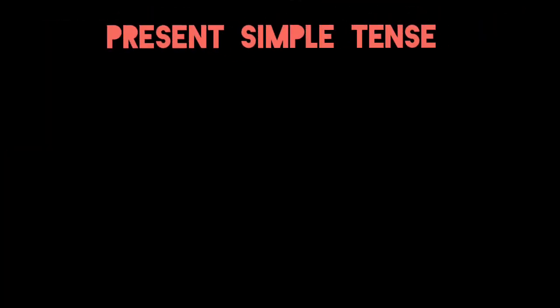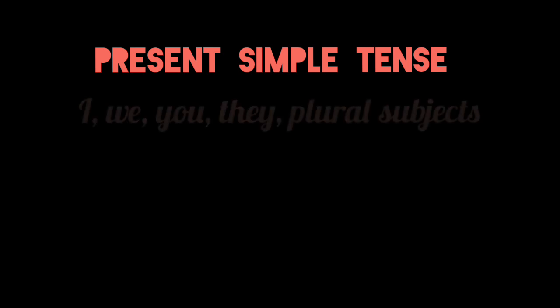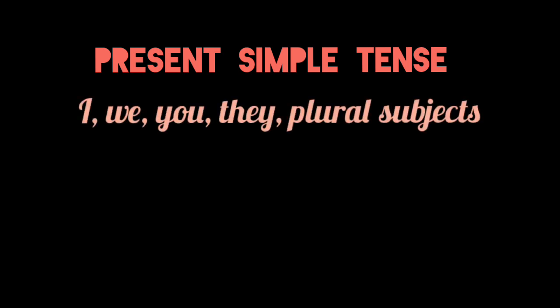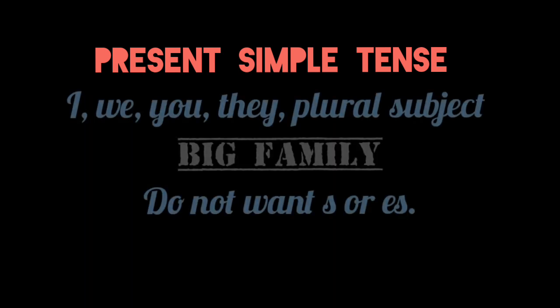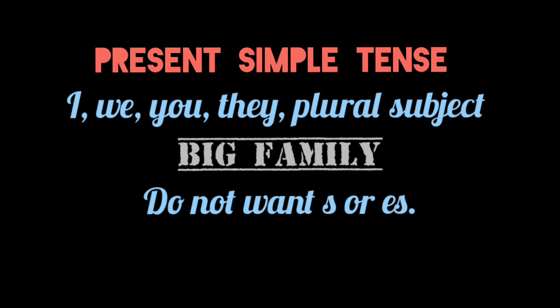Now dear students, I am going to tell you something very easy. As I have found, mostly students are confused in the usage of this tense. Let us consider I, we, you, they and plural subjects that may be nouns or pronouns. We will consider that it is a big and rich family. They do not want any company.